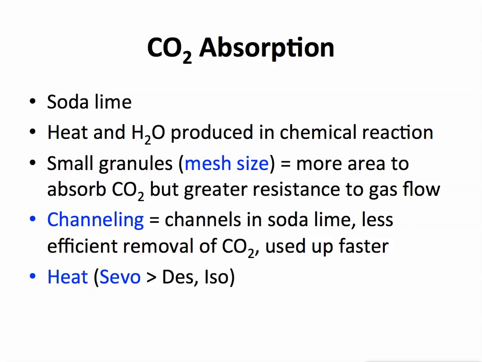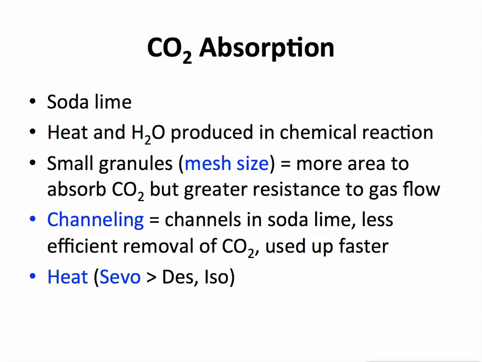In the CO2 absorber, soda lime, heat and water are produced in the chemical reaction. And the smaller the granules, which is called the mesh size, the more area you have to absorb CO2, but the smaller the granules, the more resistance for gas flow. So there's a trade-off between area and resistance, and mesh size is what we talk about when we think about the size of those granules.